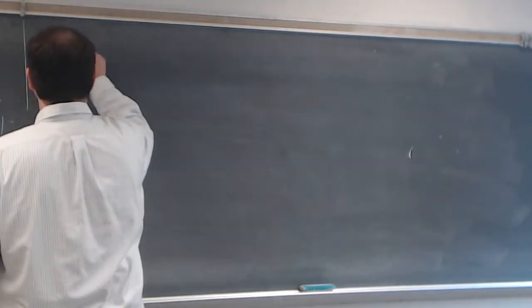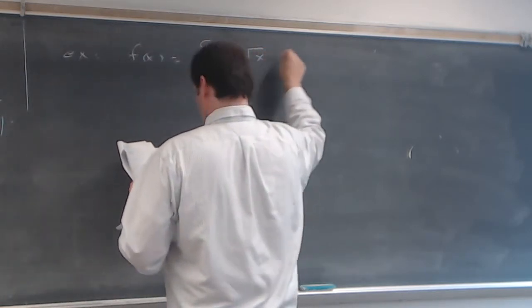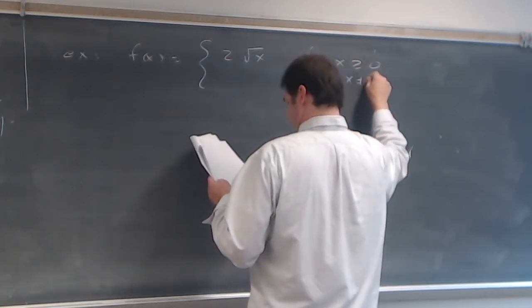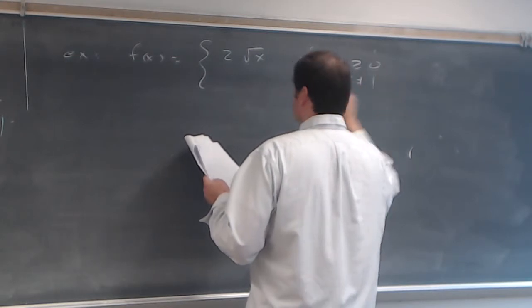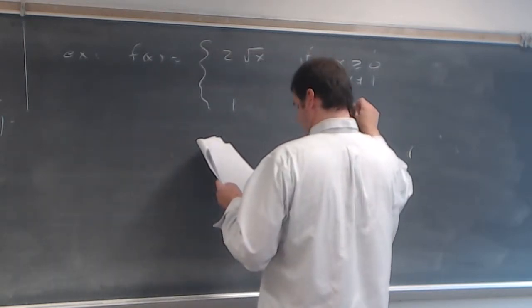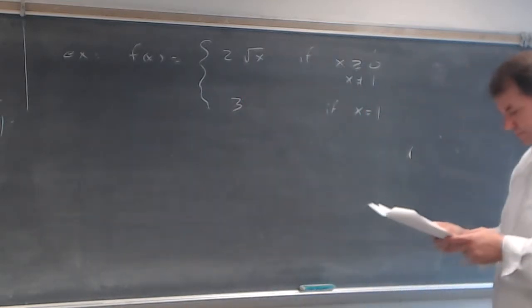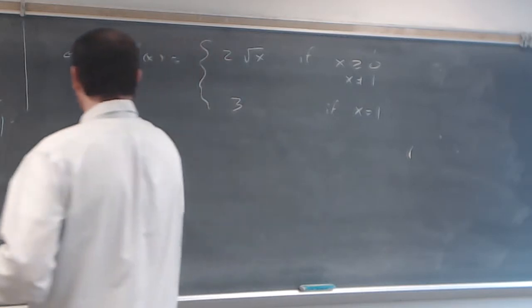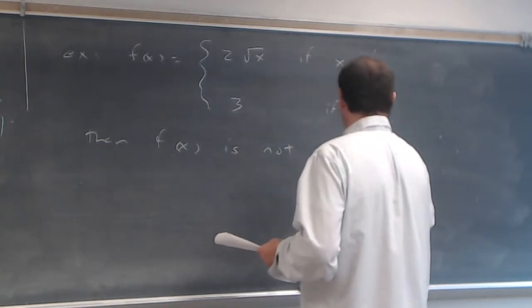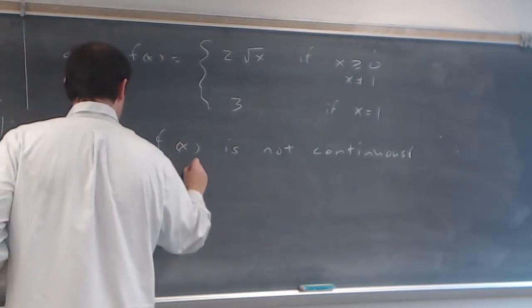So as an example, if we look at f of x equal to 2 times the square root of x, if x is greater than or equal to 0 and x is different than 1, and let it be equal to 3 if x is equal to 1, then f of x is not continuous at x equal to 1.